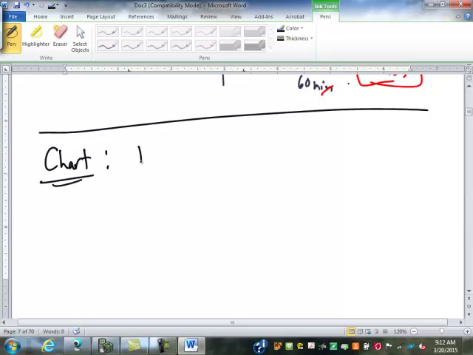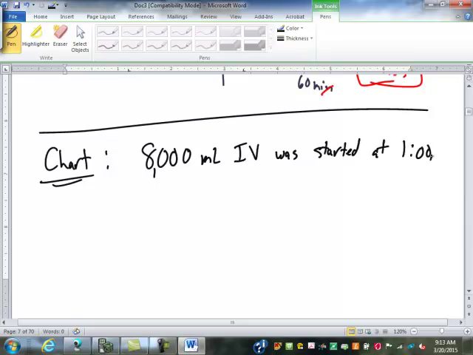So you look at a chart. Let's say the chart states that an 8,000 milliliter IV was started at 1 p.m. Medication has a drop factor of 12 drops per milliliter.